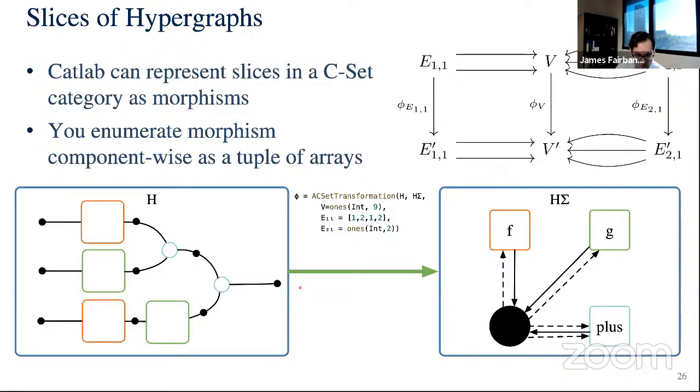This would be the string diagram we had, represented as a slice over this object, its morphism to this one, where I've encoded the natural transformation by assigning colors to elements of H. The orange boxes go to F, the green boxes go to G, and the aqua circles go to plus. Every wire in the string diagram becomes a vertex in this directed hypergraph.